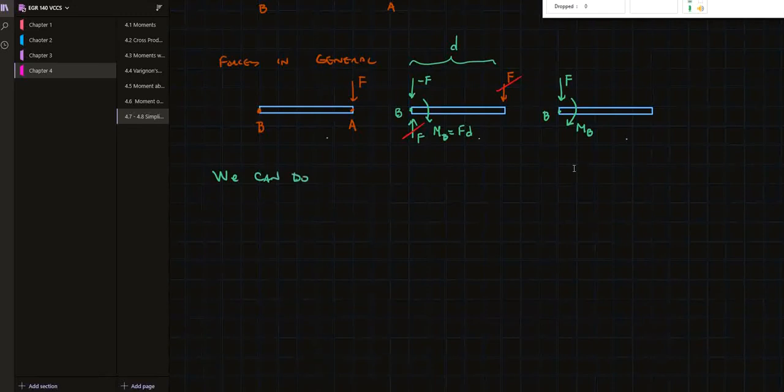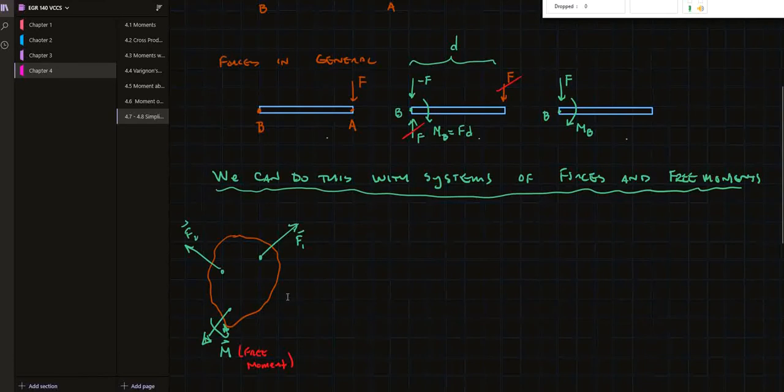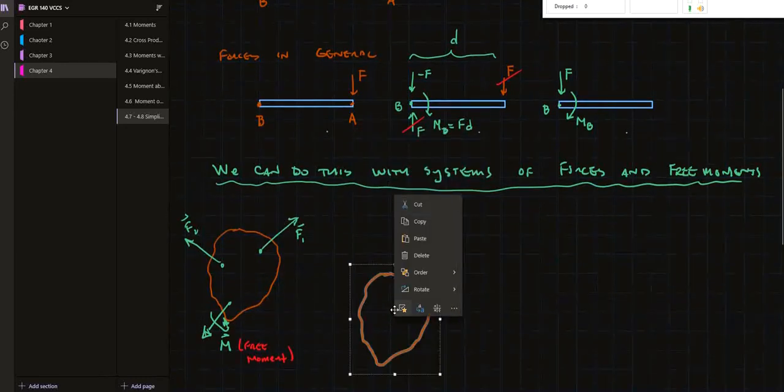We can do this with systems of forces and free moments. So say I have this blob with these forces and this free moment. I could then do the same thing.